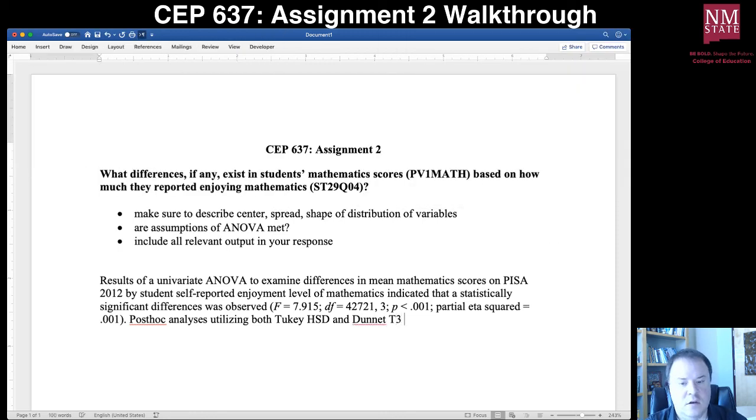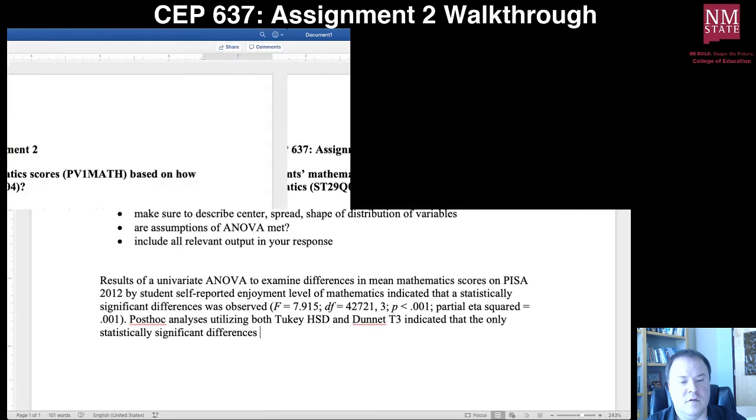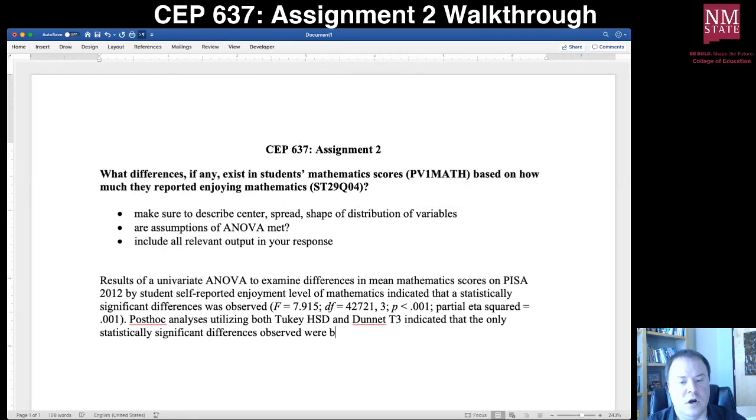And Dunnett T3 indicated that the only statistically significant differences observed were between students who strongly disagree about enjoying mathematics and everyone else.